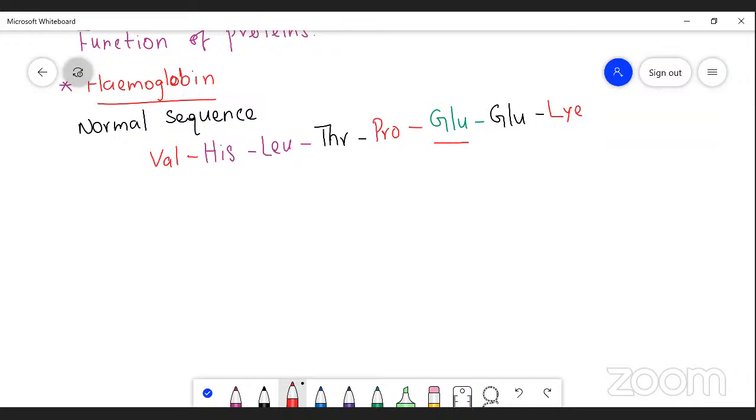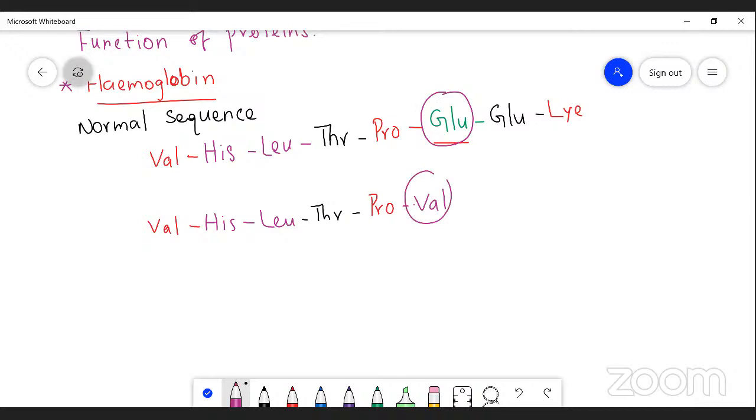So it is valine, histidine, leucine, threonine, proline, and then instead of glutamic acid there is valine, and again glutamic acid, and again lysine.